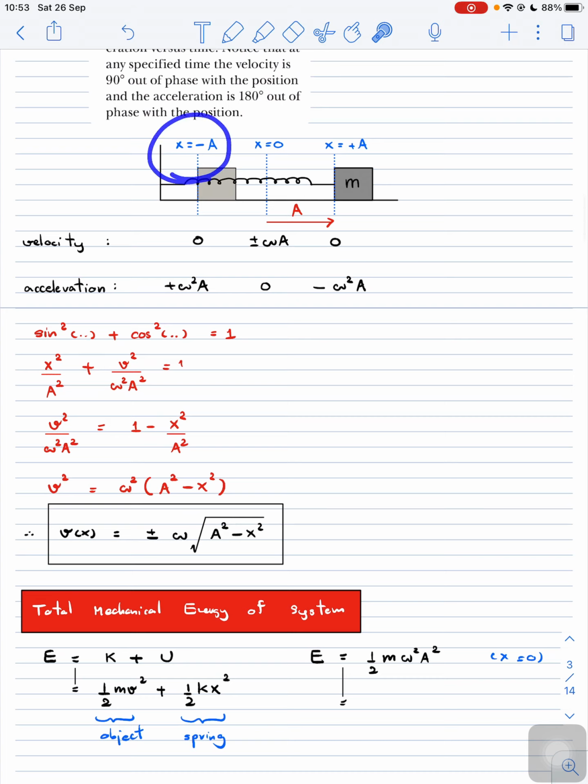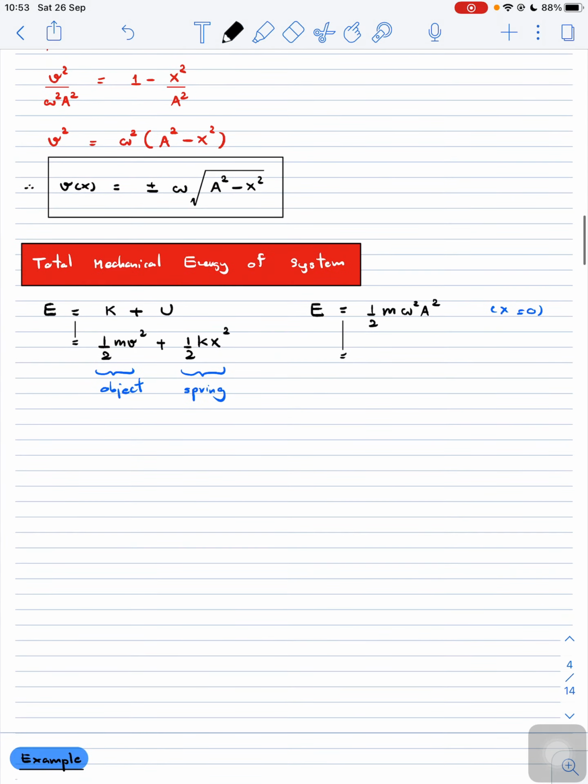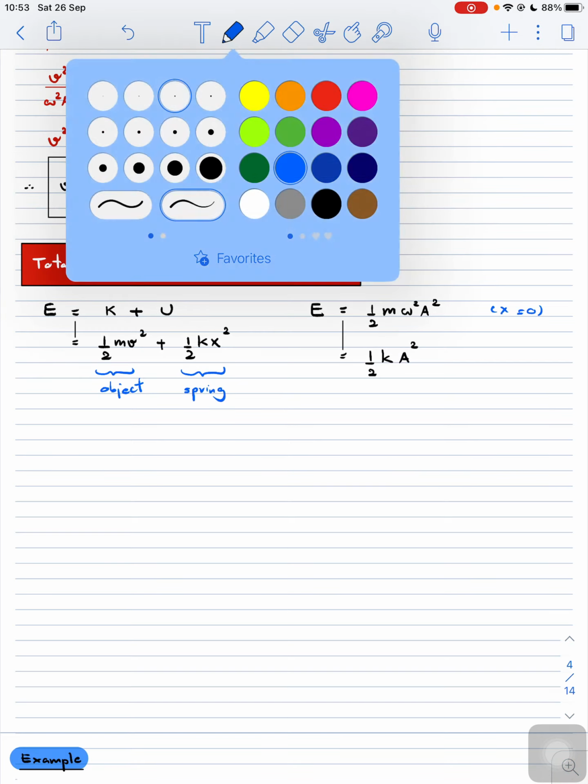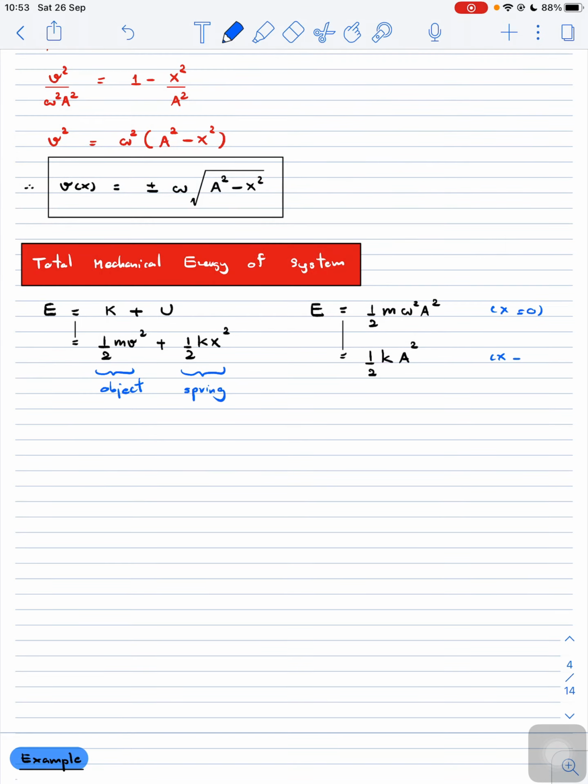Because the spring will have the maximum extension and the maximum compression. So the spring will have the maximum elastic potential energy, which is equal to 1/2 k times x squared, and in this case x must be equal to a. So this is at x equal to plus minus a.